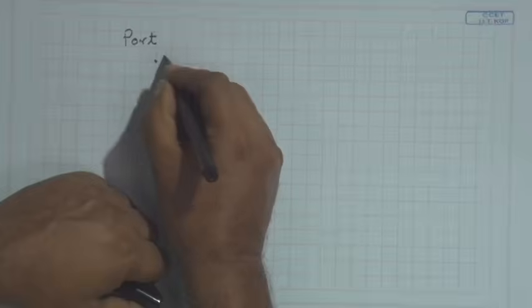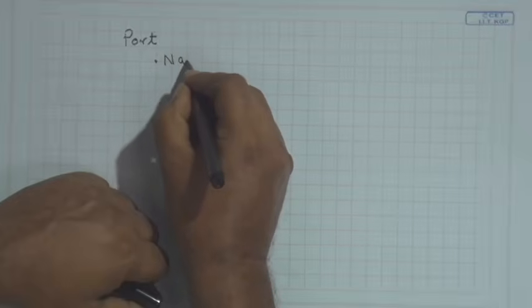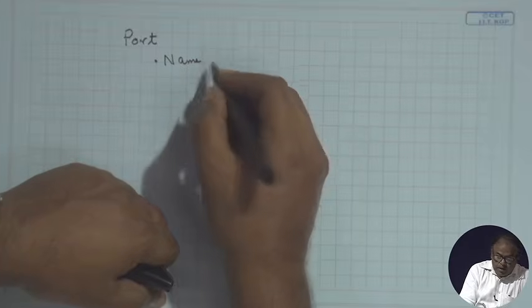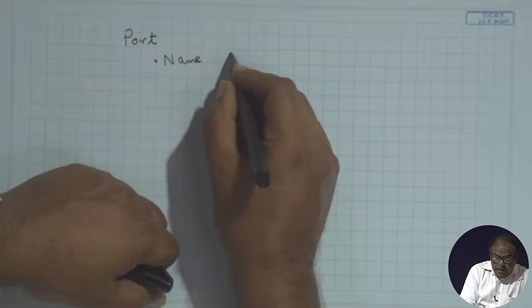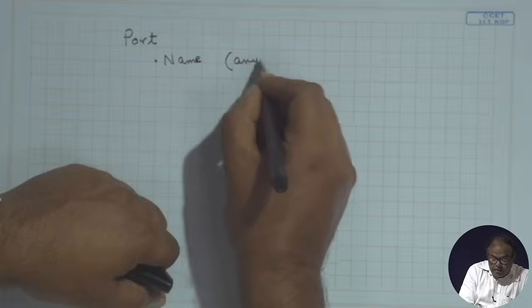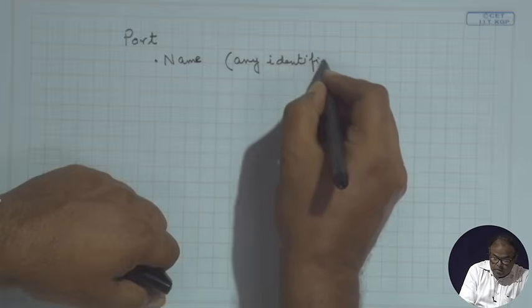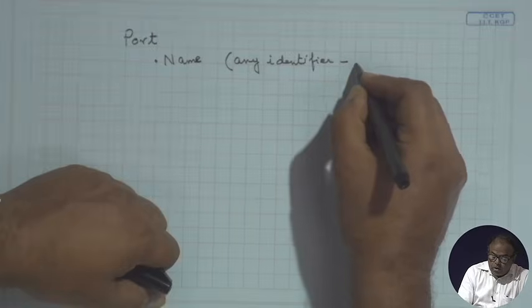One is the name of the port that we have to give. It can be any identifier, but not a reserved word.